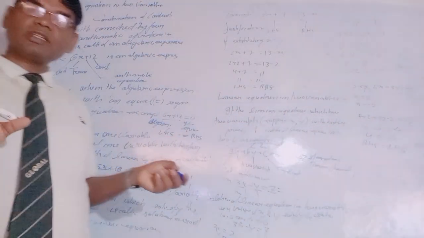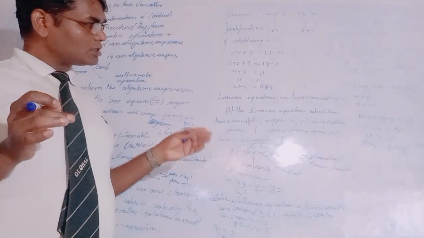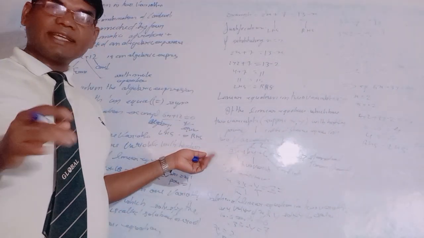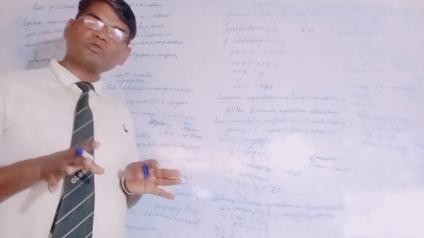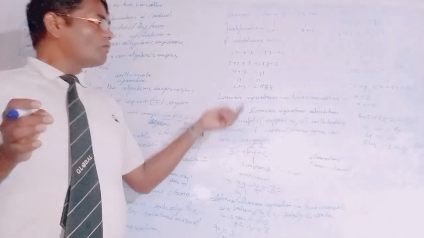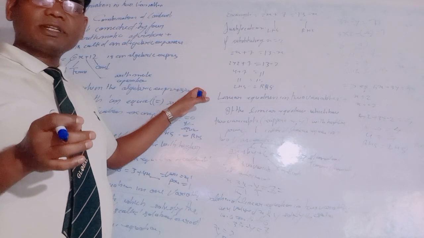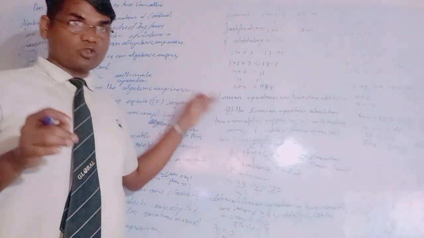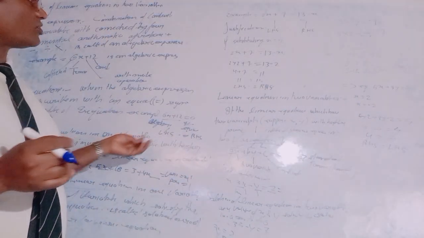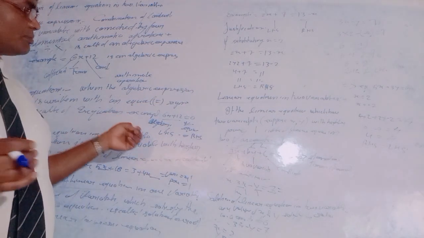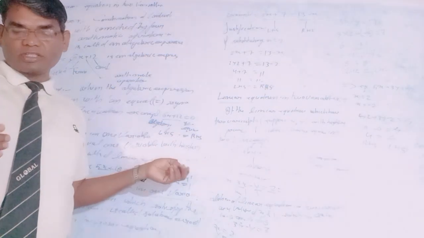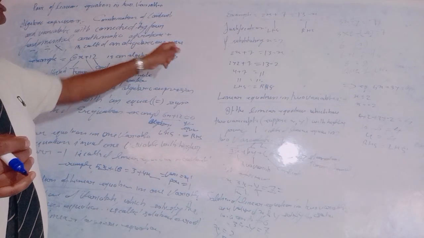So satisfaction is necessary: substituting the values of the variables x and y, if it is satisfied, we can say it is a solution of the two-variable equation. So we have discussed this one by one, and we have satisfied these equations completely.